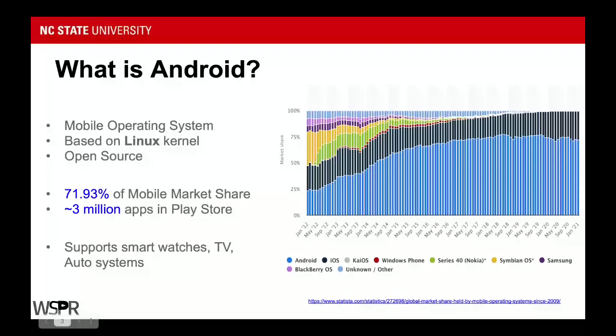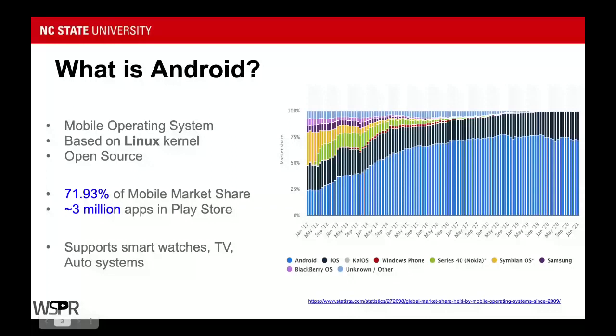Around 72% of the mobile devices people are using right now run on Android. And there are more than 3 million Android apps available in the Google Play Store. And guess what? Google Play is not the only app store you can download these apps from. There are also third-party app stores like Amazon App Store, GetJar, Opera, and some others you might not have even heard of.